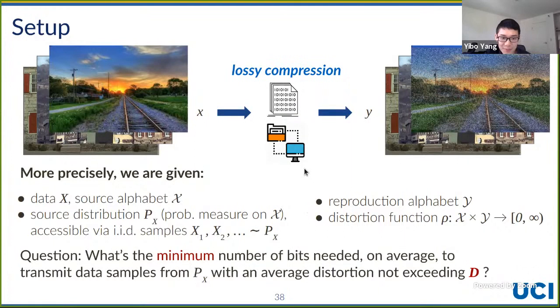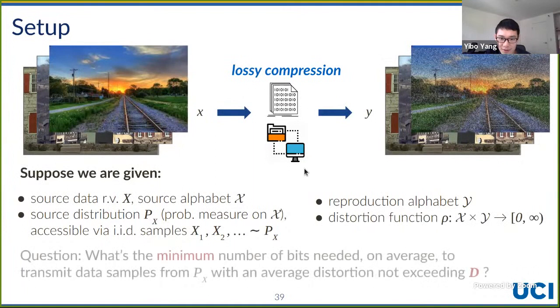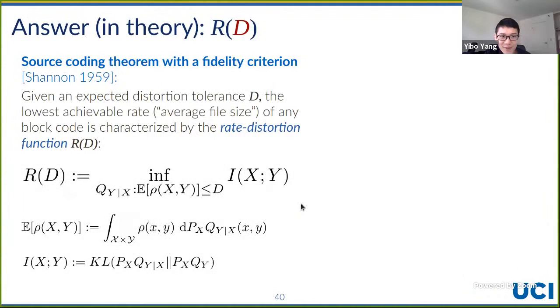So this is, in some sense, a very fundamental question. People have worked out this question a long time ago, again by Claude Shannon. There's a theory that tells you what is the minimum number of bits you need, and that is given by what is called the rate distortion function.